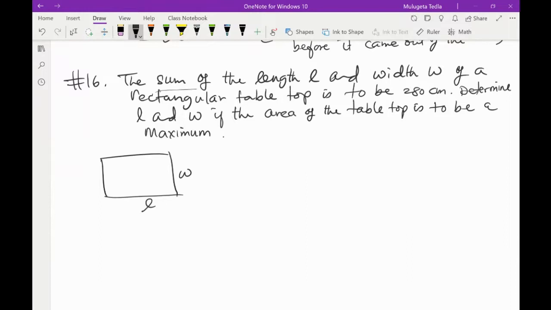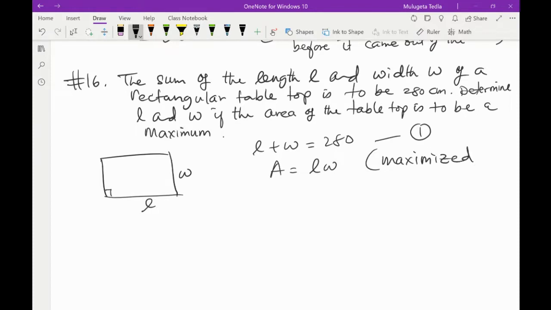What did they say? The sum. Most of the time they give you the question and the relationship, and in other cases you have to make up the equation yourself. What we know is that the sum of the length and the width is 280; that's equation 1. Equation 2 is that the area, which is length times width, we want maximized.